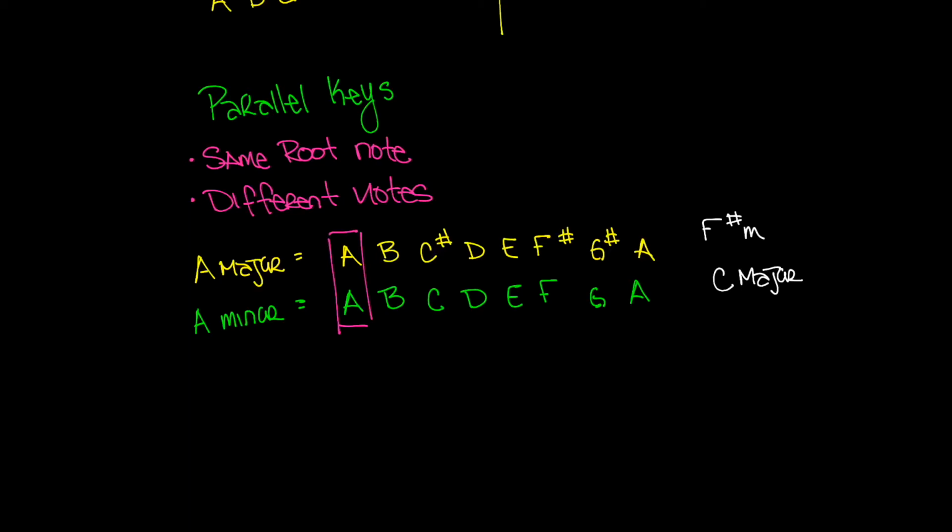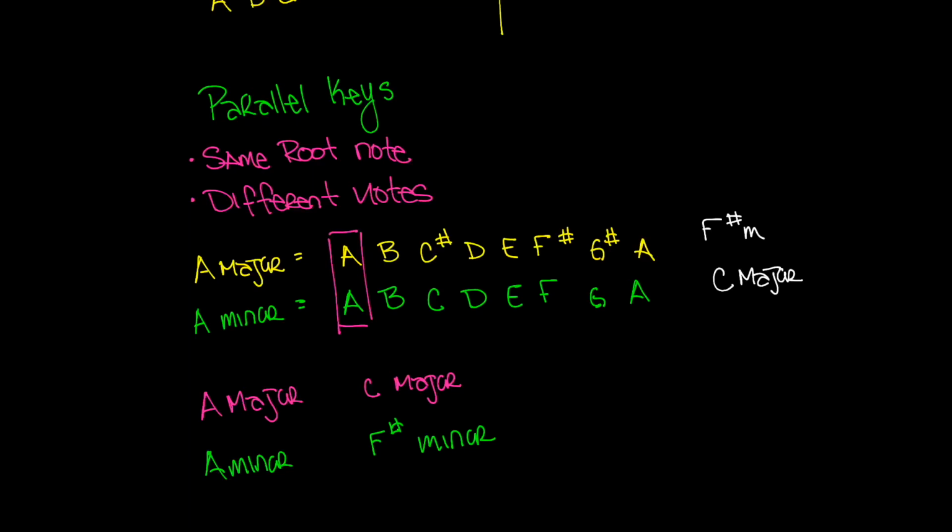This is one of the great parts about music: we start to recognize patterns. There's an A major and a C major. And in the same respect, if I had A minor and F sharp minor.